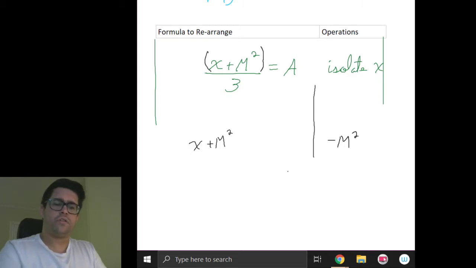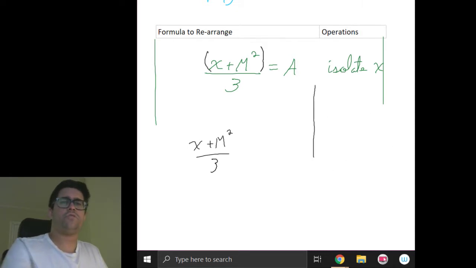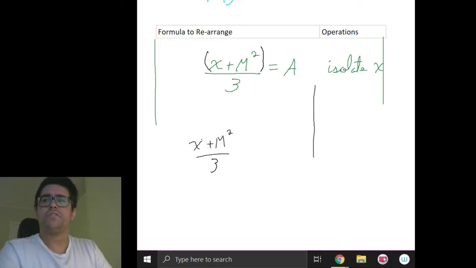I have to redo. Oh, give me my tools. So instead, let's try to get rid of the divide by 3.